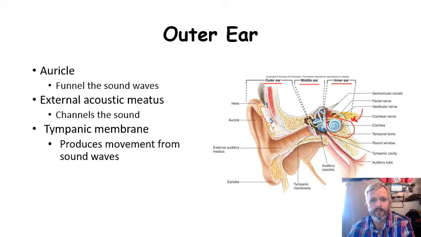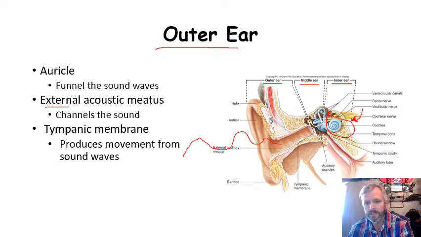All right, let's look first. Sound waves are coming in here. We have the auricle, the outside ear that you know of. External acoustic meatus. So the auricle is going to funnel the sounds into the external acoustic meatus, your ear canal, right?